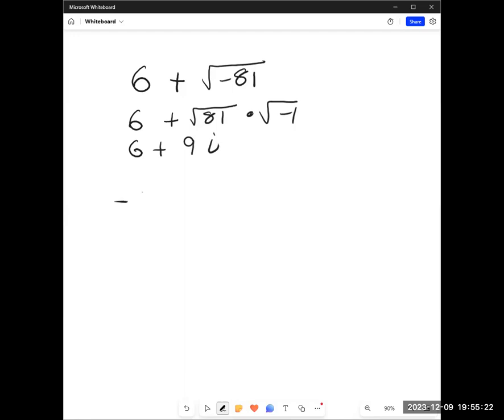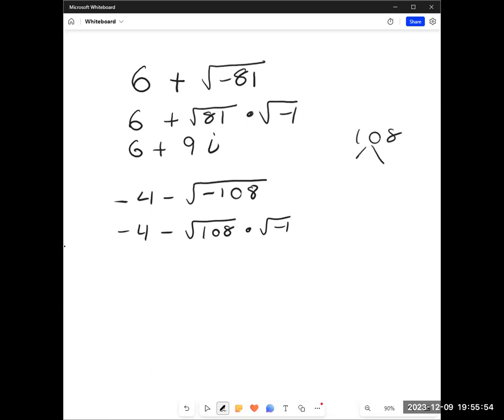The next example here is -4 minus the root of -108. Leave that -4 alone, minus, and then we have root 108 times root -1. 108 is going to be 36 times 27, which is 9 times 3.